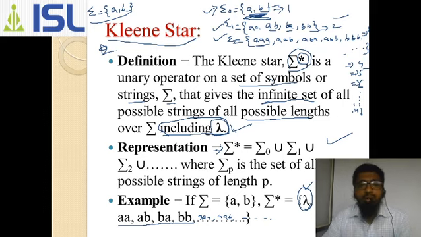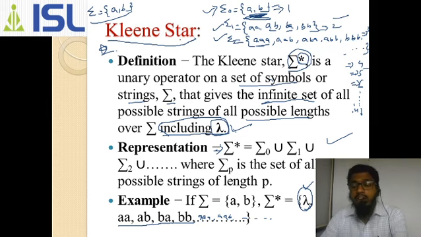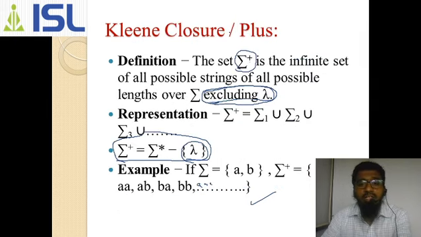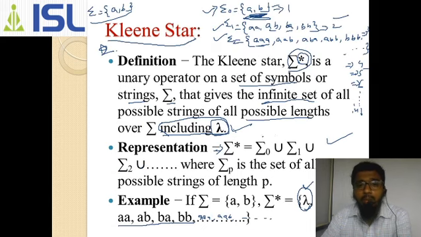One more important thing in Kleene Star and Kleene closure or plus: Kleene closure will not include sigma 0, but Kleene Star will include sigma 0.